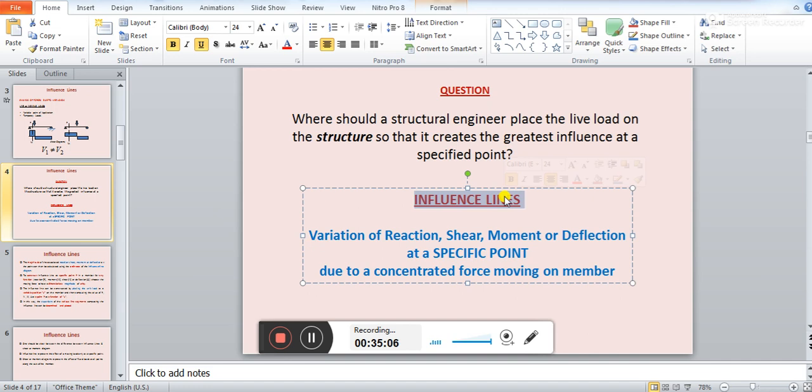These influence lines will give you the variation of reaction, shear, moment or deflection at a specified point due to a concentrated force moving on the member. This is very important. I think now you have got the concept of influence line. With this conceptual understanding, let us move to the next slide.